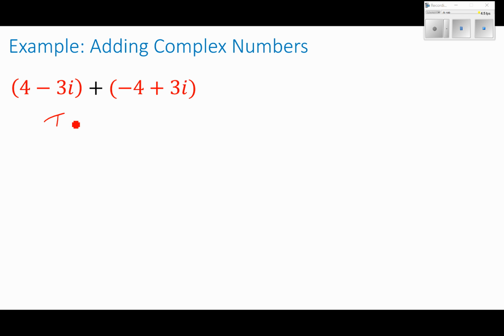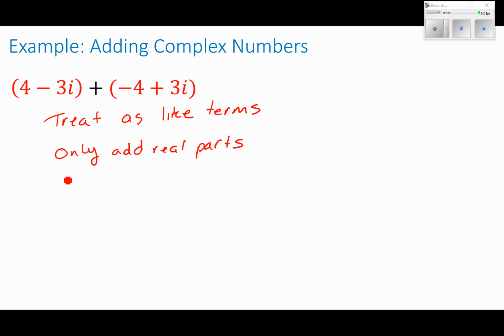So we can treat these as like terms. So we can only add real parts, and we can only add imaginary parts. Okay? Only add real parts, and only add imaginary parts.